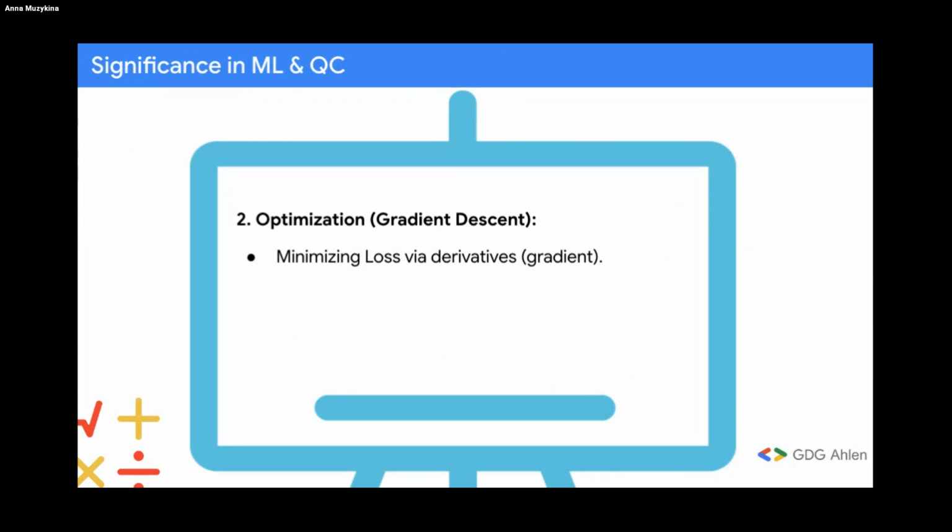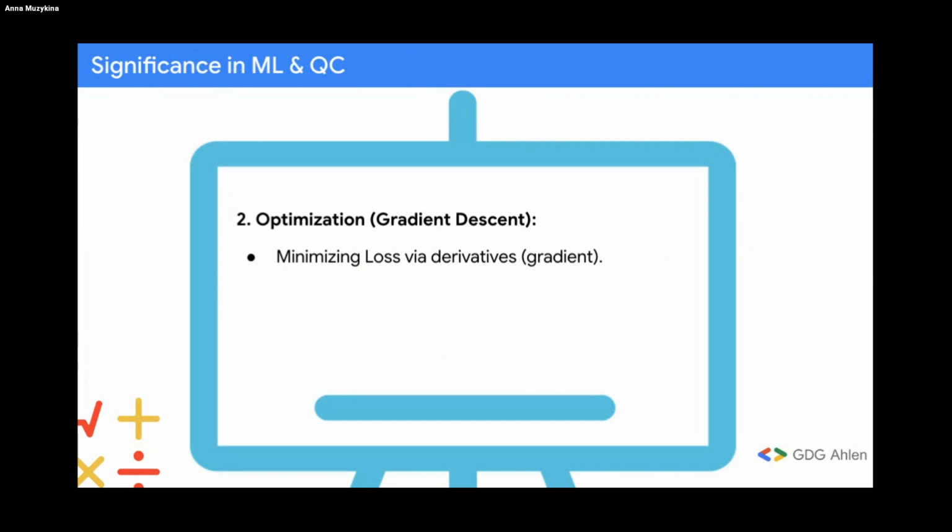Optimization and gradient descent. As an example, AI training minimizes loss using gradient descent, which calculates the gradient vector of derivatives to update model parameters.